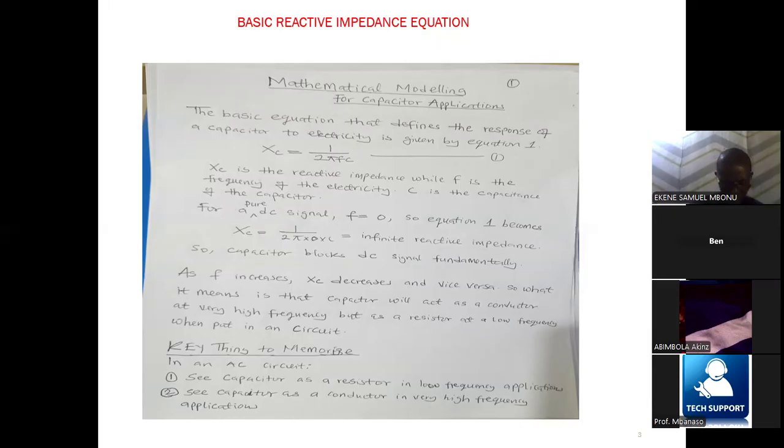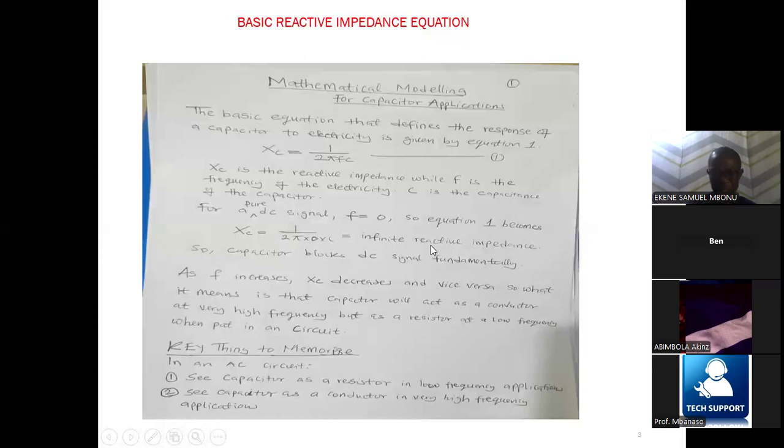Now, for a DC signal, frequency is 0. It doesn't have frequency. So equation 1 becomes Xc equals 1 over 0, and mathematically, it gives us an infinite value of impedance.